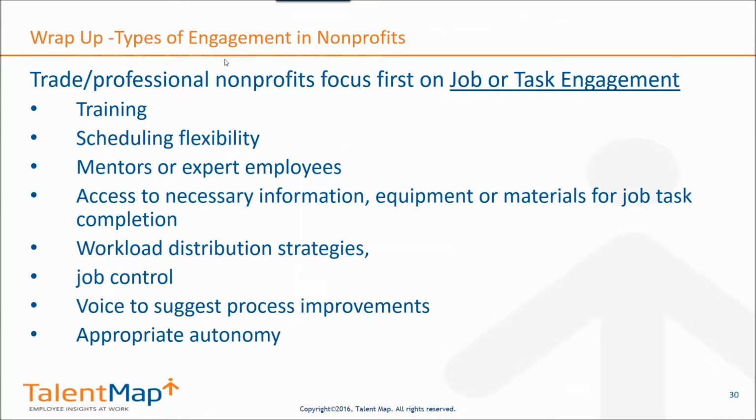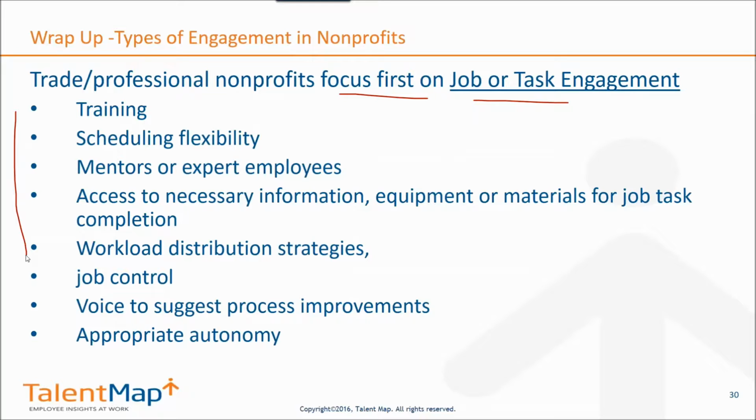What can nonprofits do, and in particular trade or professional nonprofits, to focus on job or task engagement? What are some things that affect that? This is a list of research-based activities that managers in these types of organizations should focus on. Even though when we hear about engagement we always talk about the mission and the meaning, and how you've got to create a line of sight to the greater purpose of the organization, that's not always true.